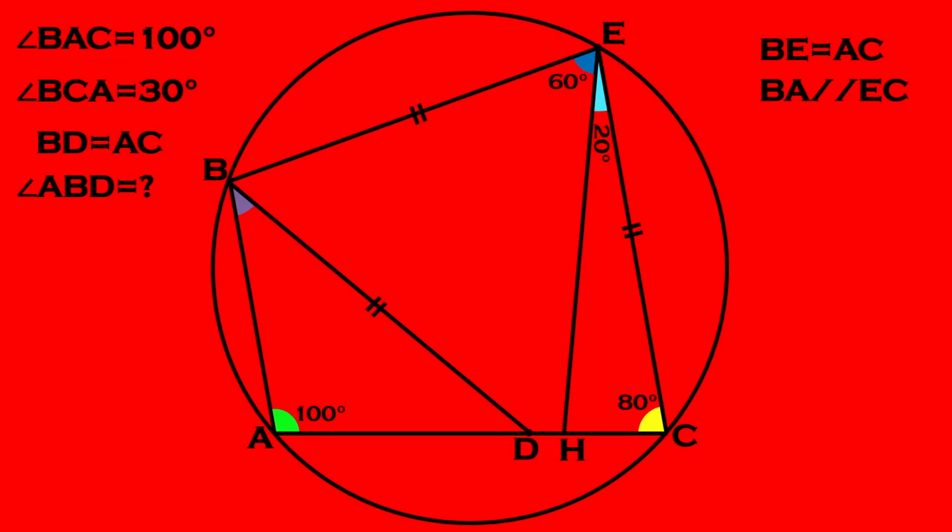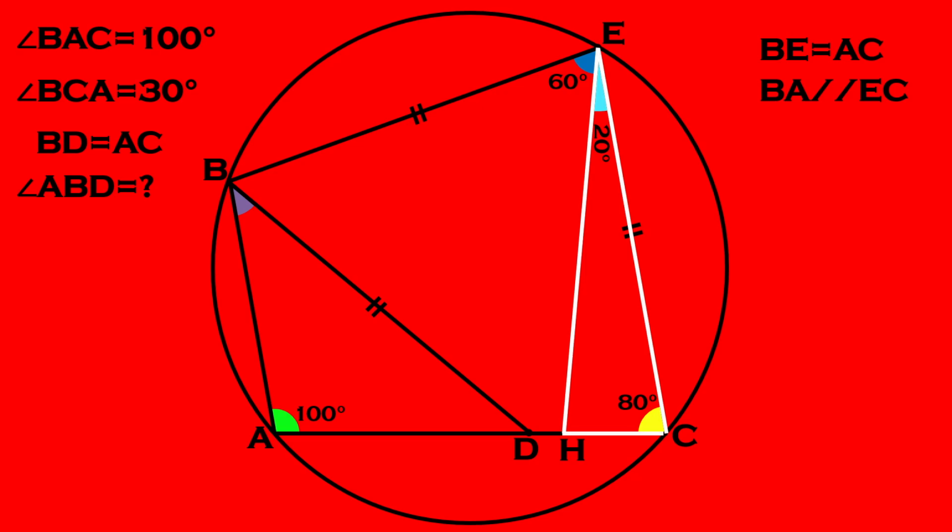Moving on to the second scenario where H is somewhere on the interior of DC. Again, using sum of angles equal to 180 degrees in these white triangles, we calculate the remaining angle, which is 80 degrees. And we can see that this triangle has two angles both equal to 80 degrees.